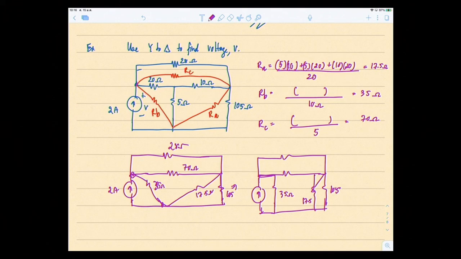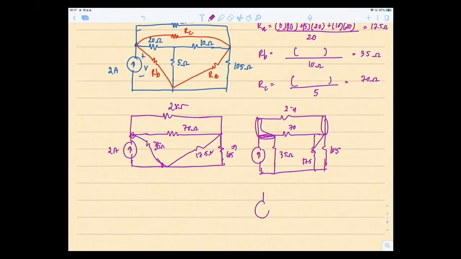So you can see that the 28 and 70 right here are connected in parallel, parallel to each other. See that?